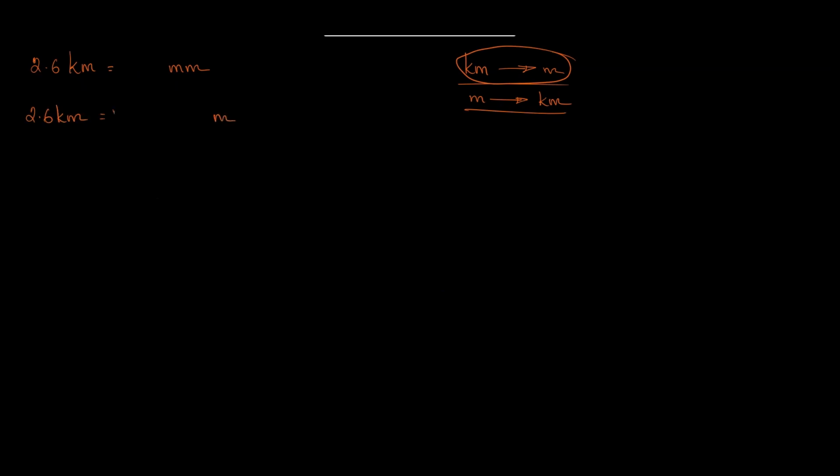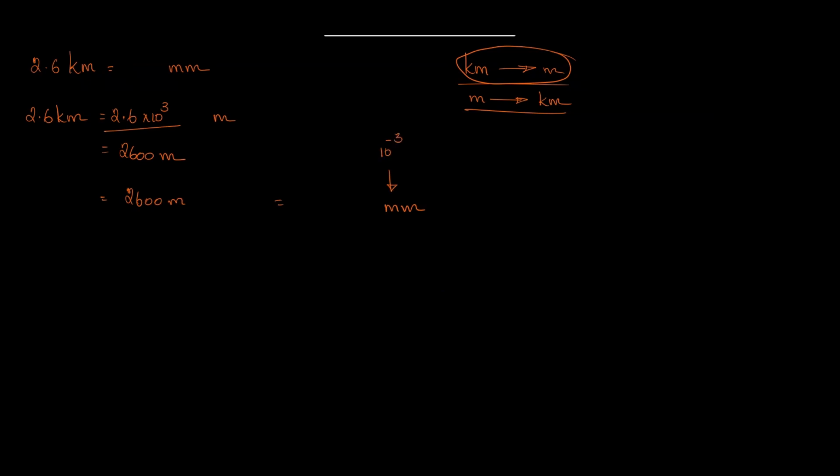So we will have the 2.6 as it is. Kilo is 10 to the power of 3. So 2.6 kilometers is 2,600 meters. I want this in millimeters, right? How am I going to do that? So it is 2,600 meters that I have to convert into millimeters. Milli is 10 to the power of minus 3, right?